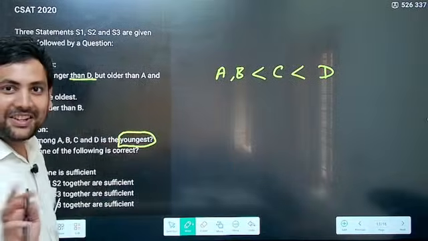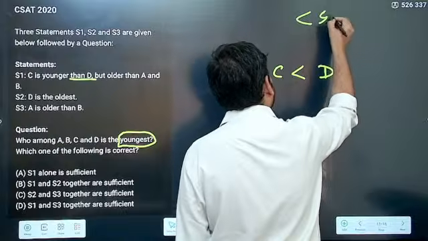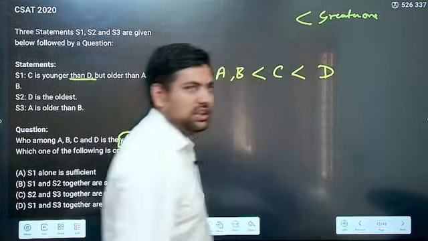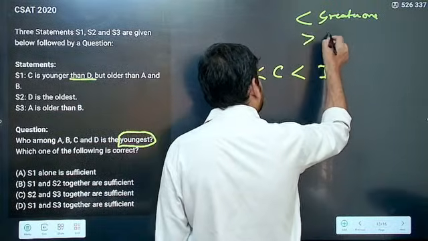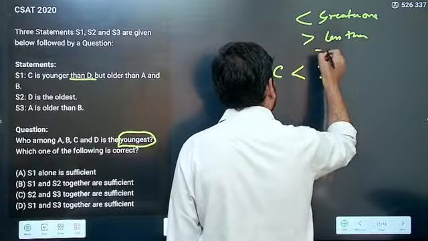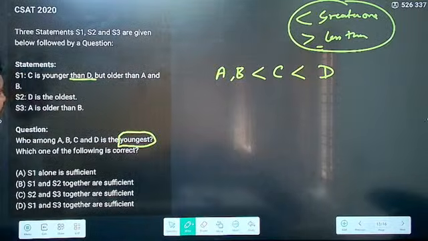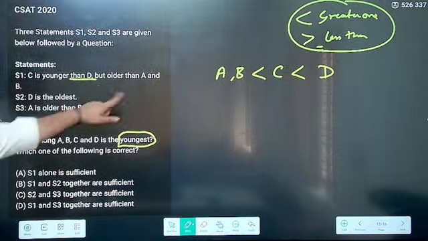This less than, greater than, equal to, you know. Wherever the face is opening, this is the greater one. This face always opens towards the greater one. So this is the greater than sign, this is the less than sign, and this is equal to. Anyway, C is younger than D but older than A and B.